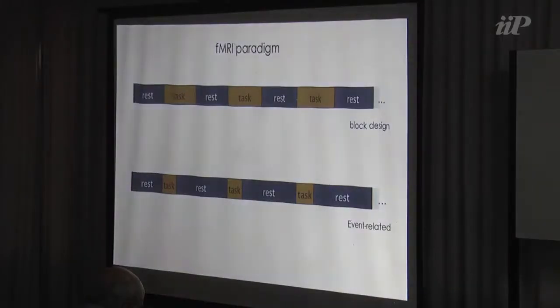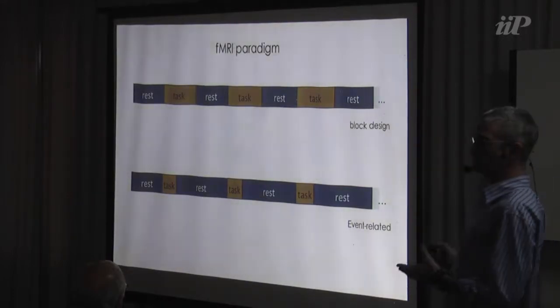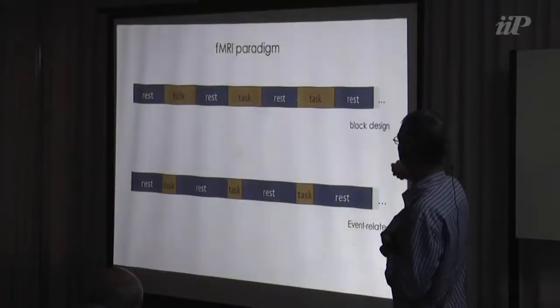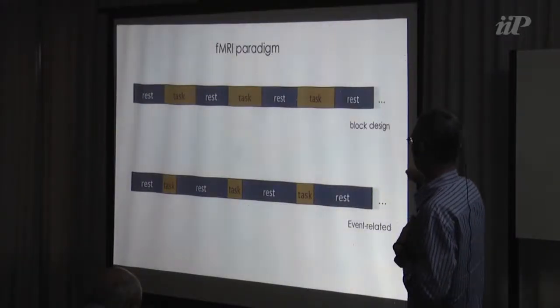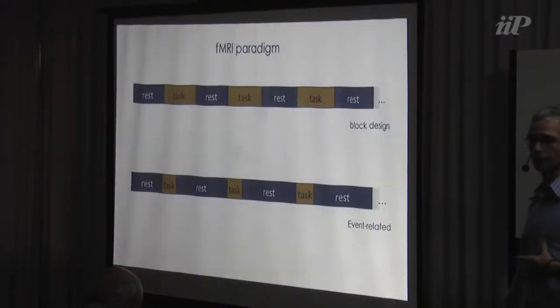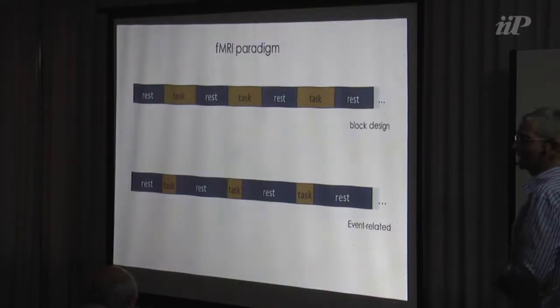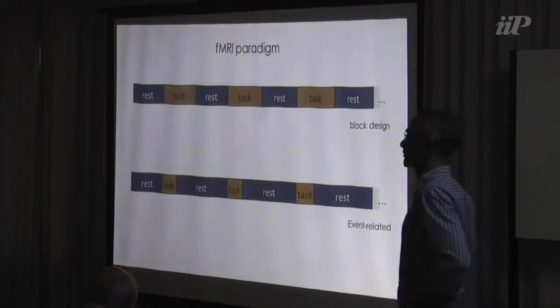I'm not going to go into the details of how the data is analyzed, because most of the fMRI experiments being conducted these days are still based on a type of data acquisition that in the field of fMRI is called an fMRI paradigm.